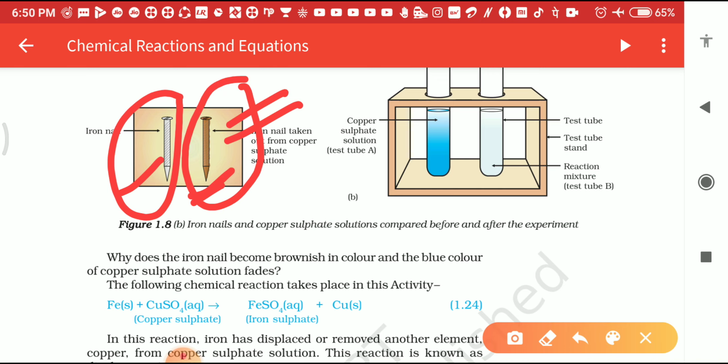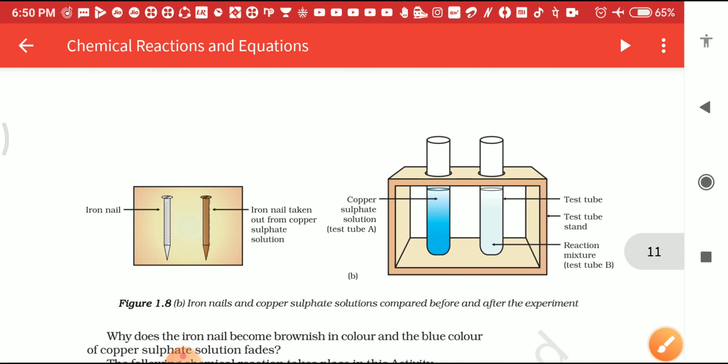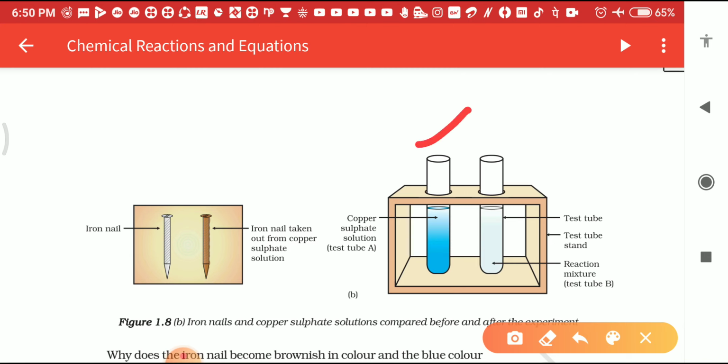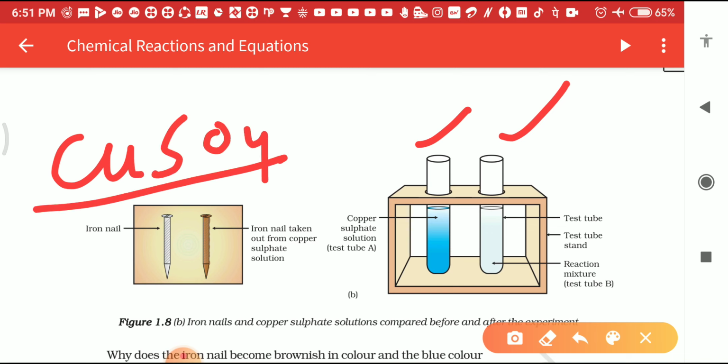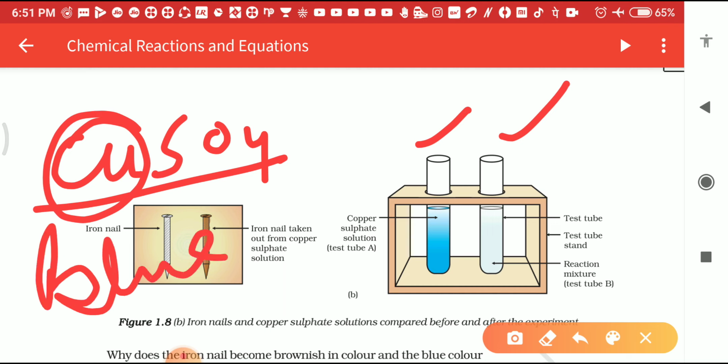According to the activity, take 2 test tubes. This one is the first test tube and this one is the second. In both test tubes you pour copper sulfate solution, CuSO4. The color of the copper sulfate solution is blue. We use the first test tube just for comparison.